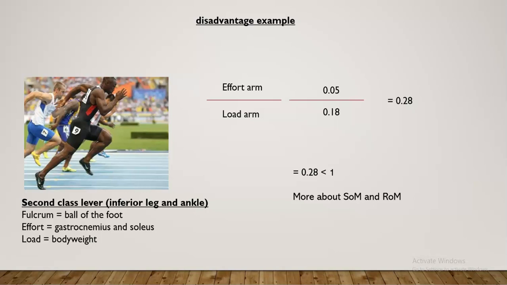Which means that this equals around 0.28. So 0.28 is smaller than 1, which means that it's more about speed of movement and range of motion. And this can be seen within the runner, that it's all about speed and about range of motion of how far they can get their legs behind.